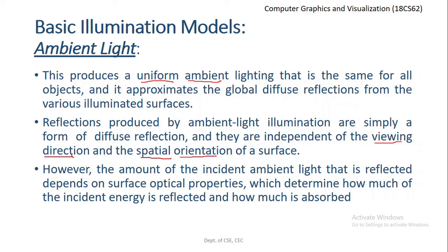And also no matter how you change the spatial orientation or the angle of an object, that will not interfere with the ambient light that is causing the surface to illuminate, right?